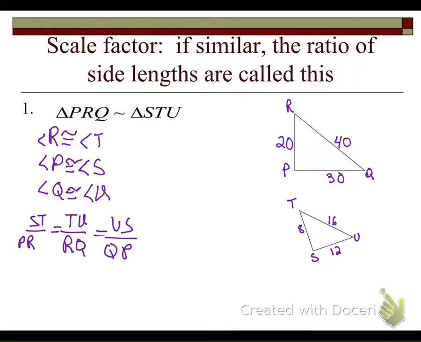Our last step is to actually perform these ratios since we have the numbers. So we have ST. ST is 8 over, what's PR? It's 20. Okay, we can reduce that. 4 goes into 8 how many times?